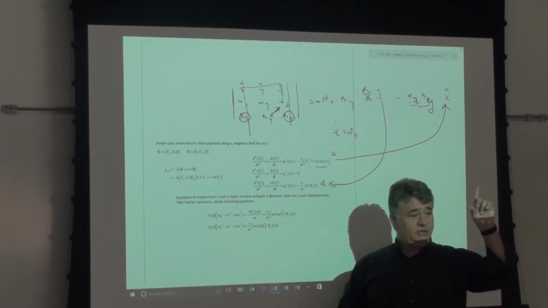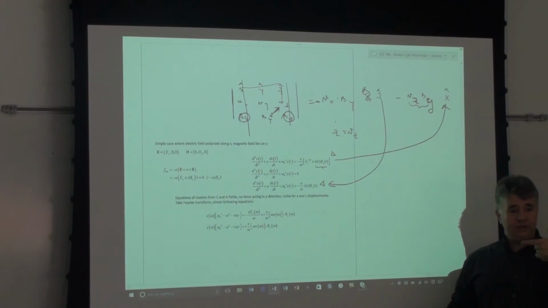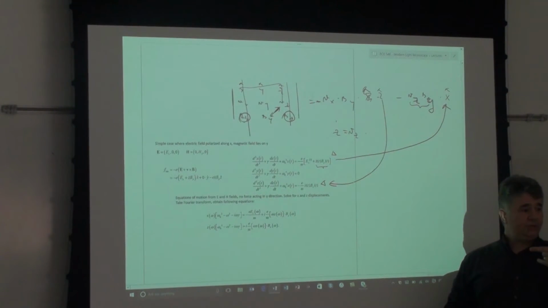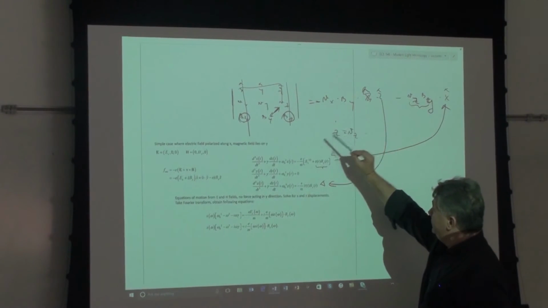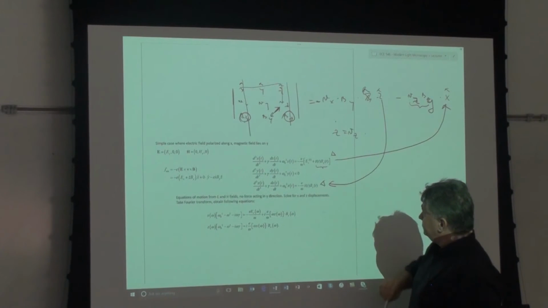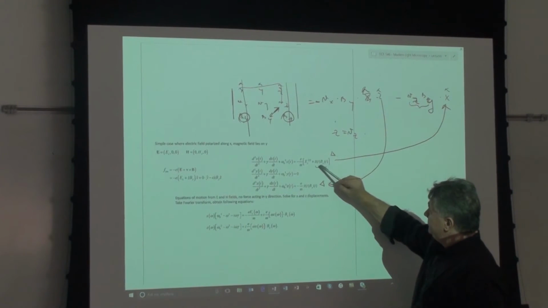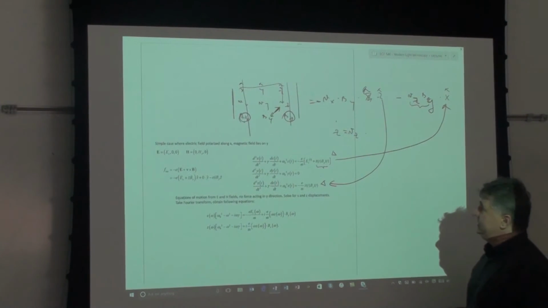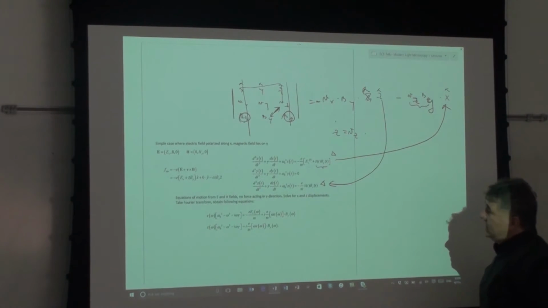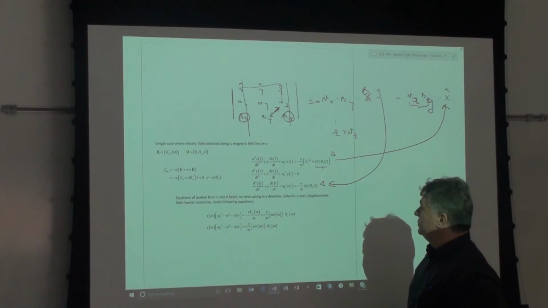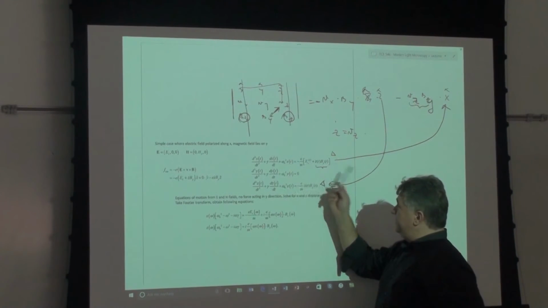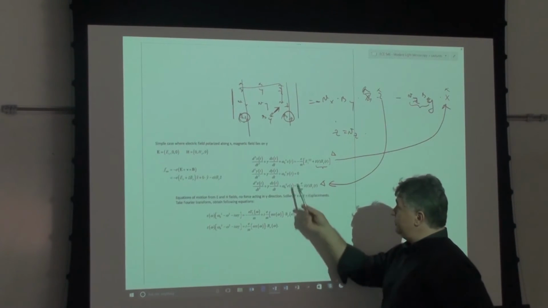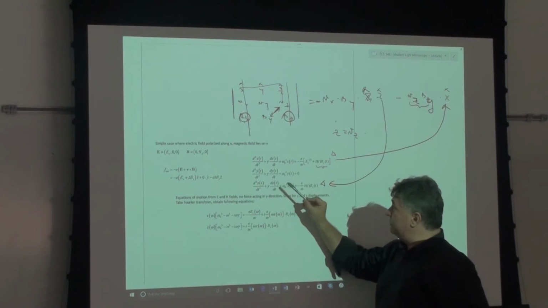Okay, so I have the E incident and the H from the electromagnetic field coming in, and instead of just neglecting these, the H's or the B's, I'm going to keep both of them. And let's see the effect of that. The way we solve this differential equation in the most efficient way is to take a Fourier transform.